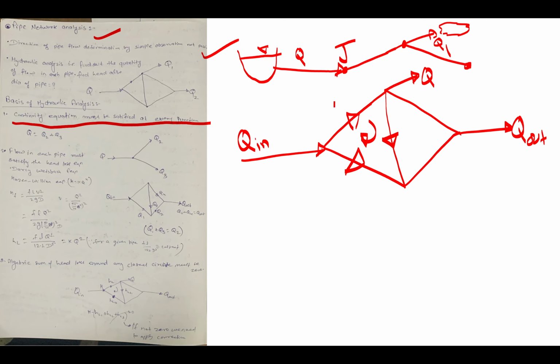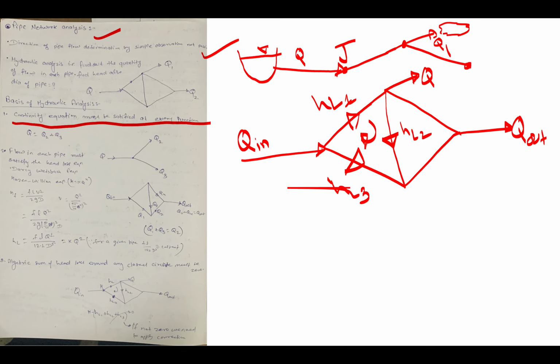Here is HL1 loss. Here is HL2 and here HL3. If this is like that, then the meaning of algebraic sum of head loss around any closed circuit must be zero.